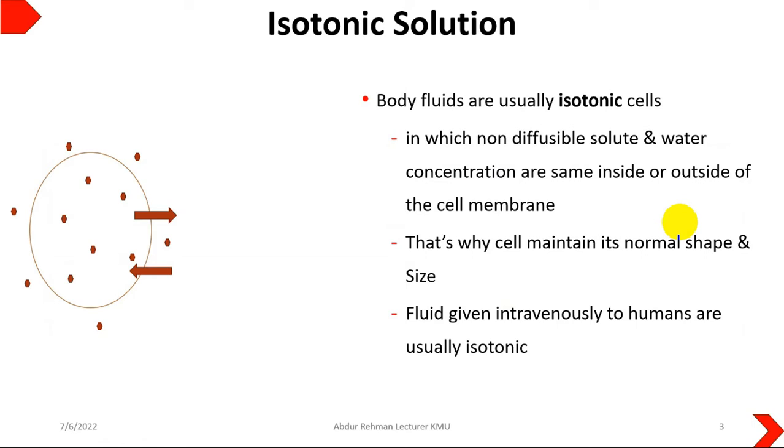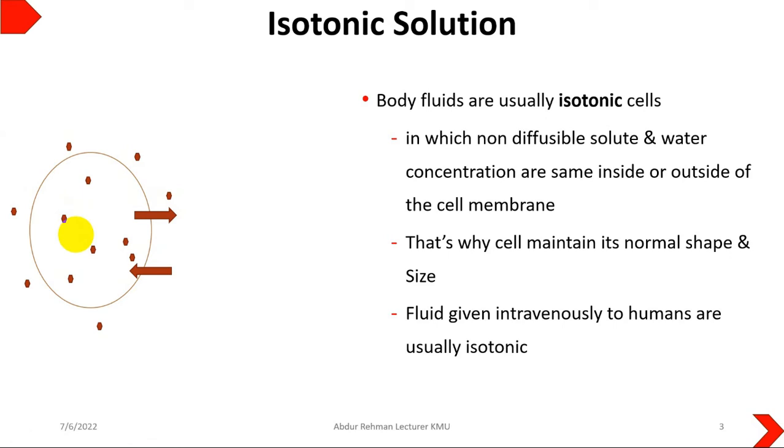The extracellular fluid around the cell and the environment inside the cell are isotonic to each other. So the concentration of solute inside the cell and outside the cell, and similarly the concentration of water inside and outside the cell, remain the same, and they balance out by moving in and out of the cell. Overall the shape and size of the cell remain intact.